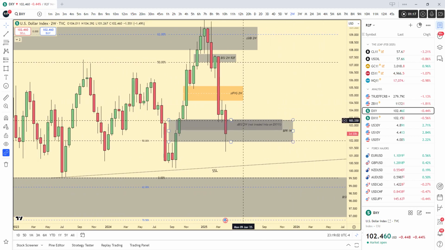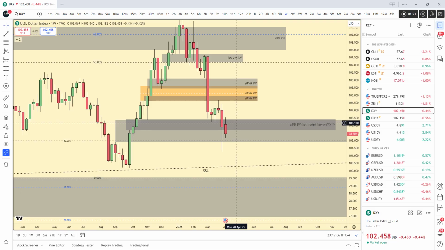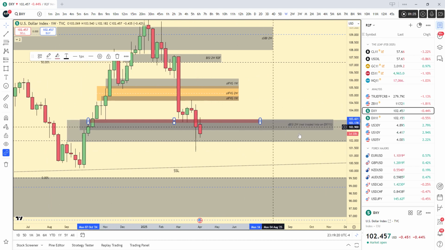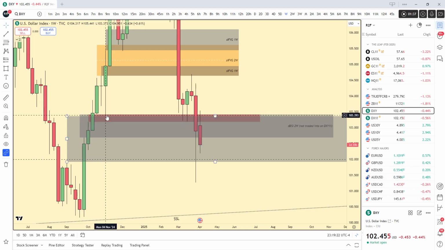Okay. So currently we came in here, and on the weekly we have this gap, which I believe is acting as an inversion gap. So it's tested here. We came down to it, a bit close, tapped into it, and now we're around here.